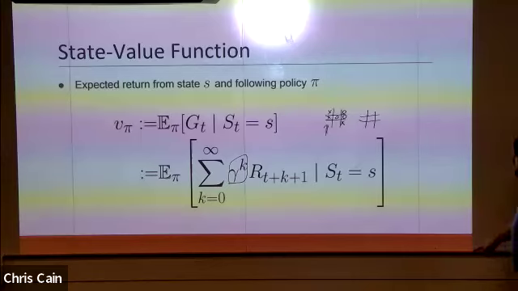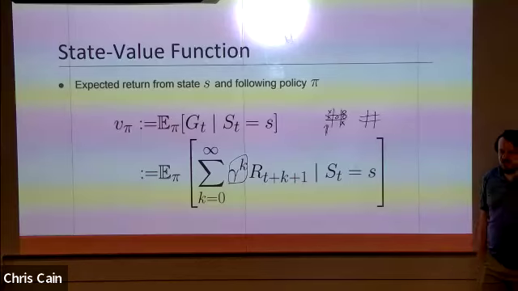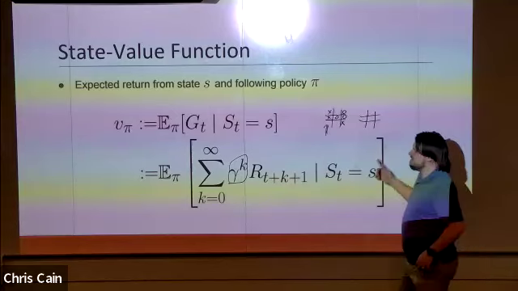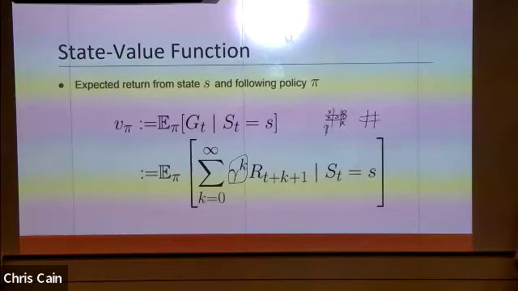So the value of being in a particular state will be different depending on whether you're playing the difficult AI or the dumb AI. And the difference between that is the policy that that agent is using to make its decisions. Has it learned what actions are better than others in particular circumstances? Or has it not?